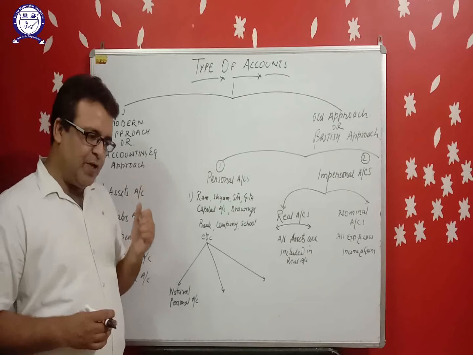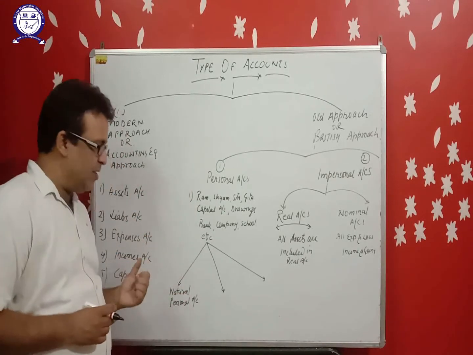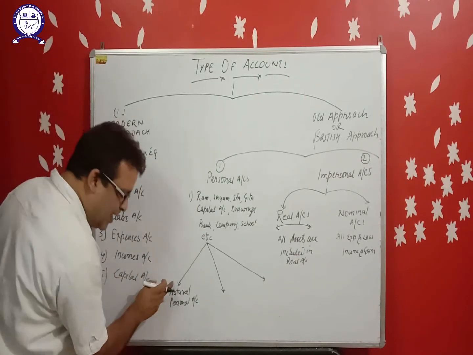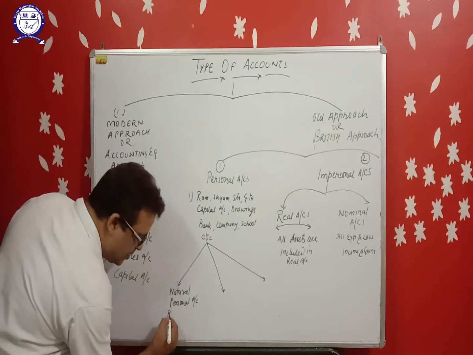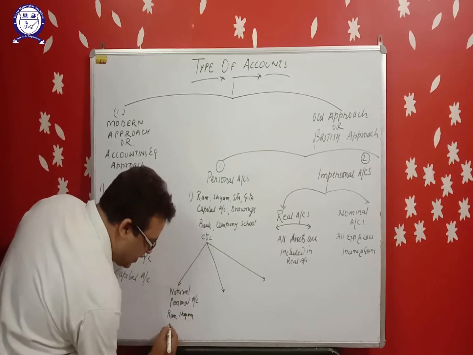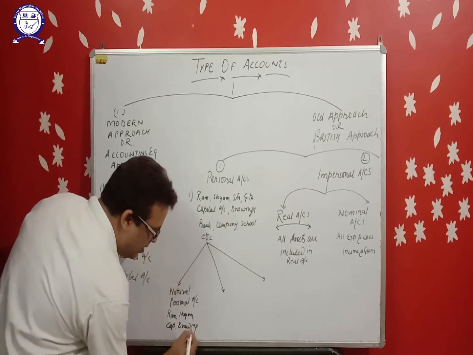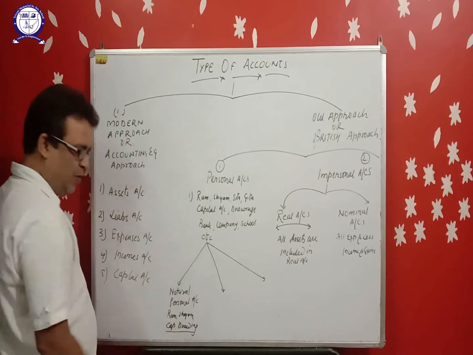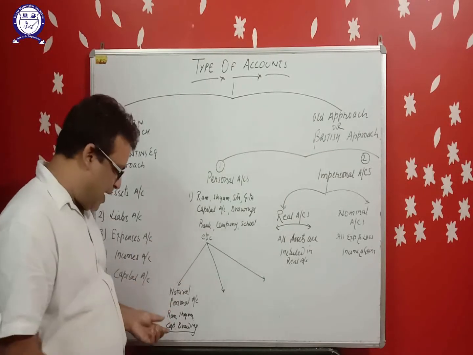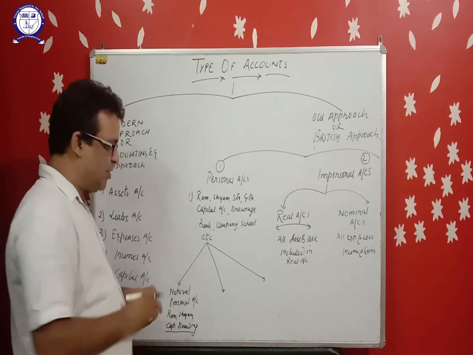Those persons who are living persons are known as natural persons. So their account will be included in natural personal accounts. Capital and drawings, both accounts are related to the owner of the business, and the owner of the business is a human being. So capital and drawings are included in natural personal accounts.